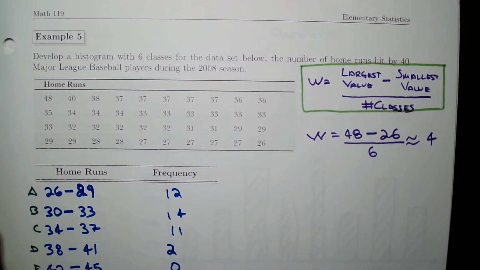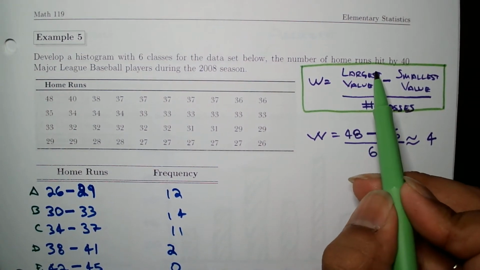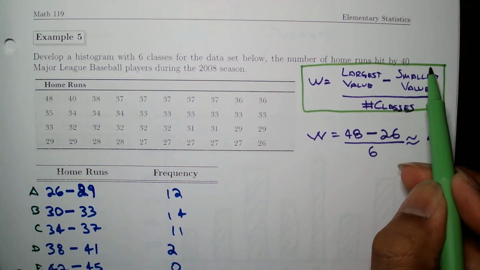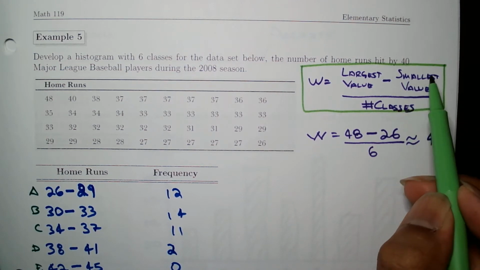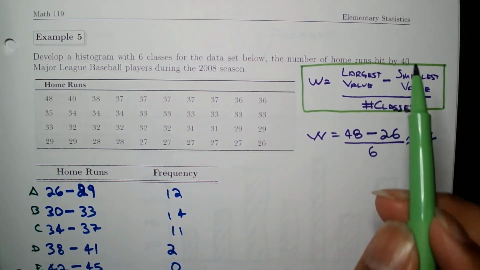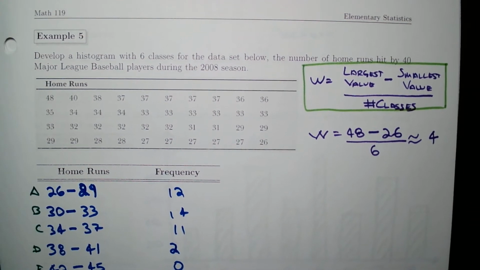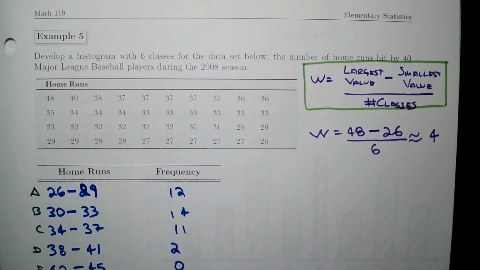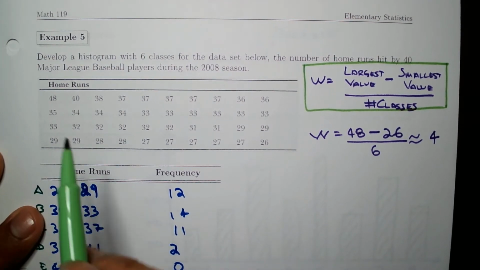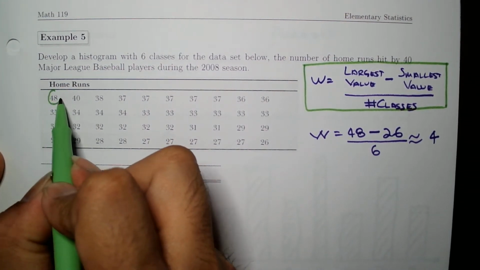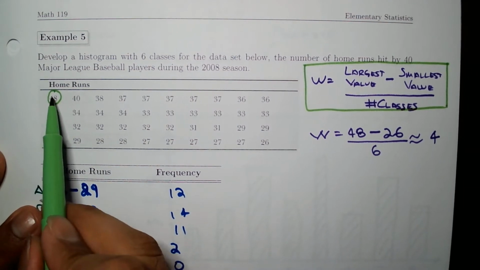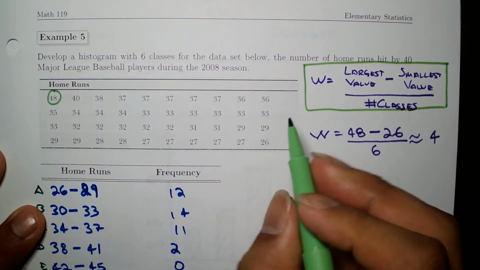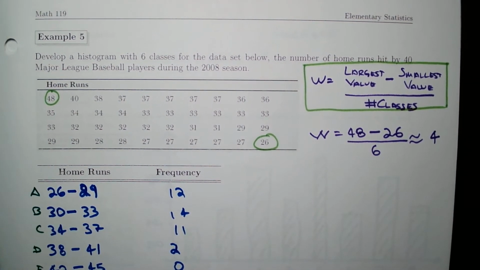The class width is obtained by subtracting the smallest value in the data set from the largest value in the data set. The nice thing about this table is they're giving us the data in descending order, so this is the largest and this is the smallest.